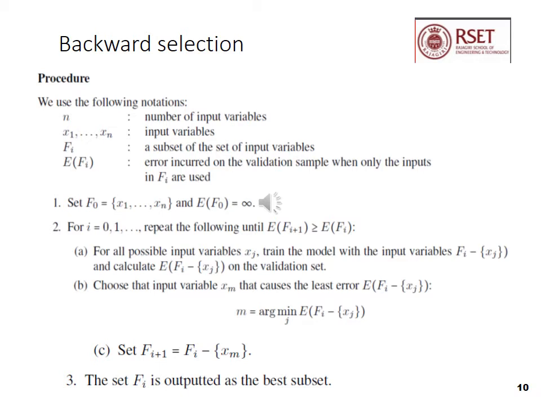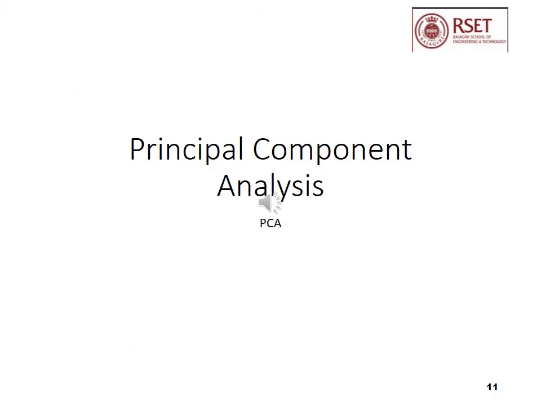So we calculate the error function and take the minimum value. And in the set Fi+1, we eliminate the corresponding xm. Here we are eliminating it; in the previous one, we were adding. So the set Fi is outputted as the best subset.